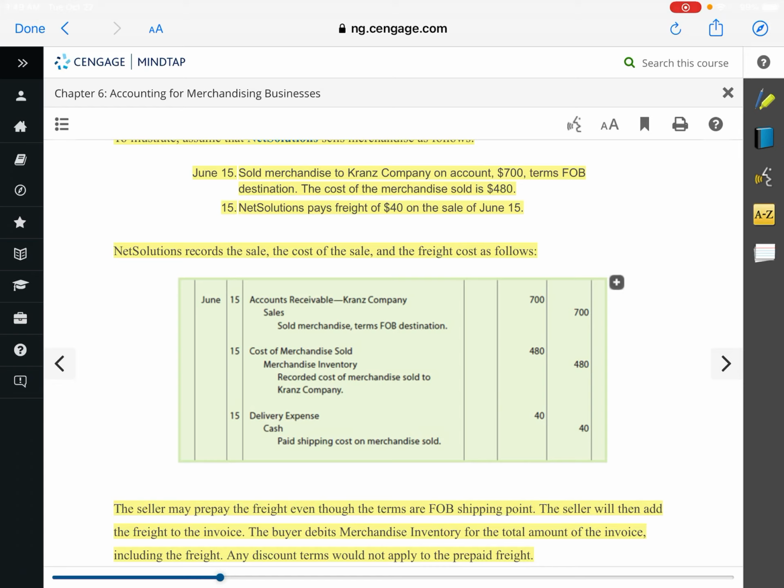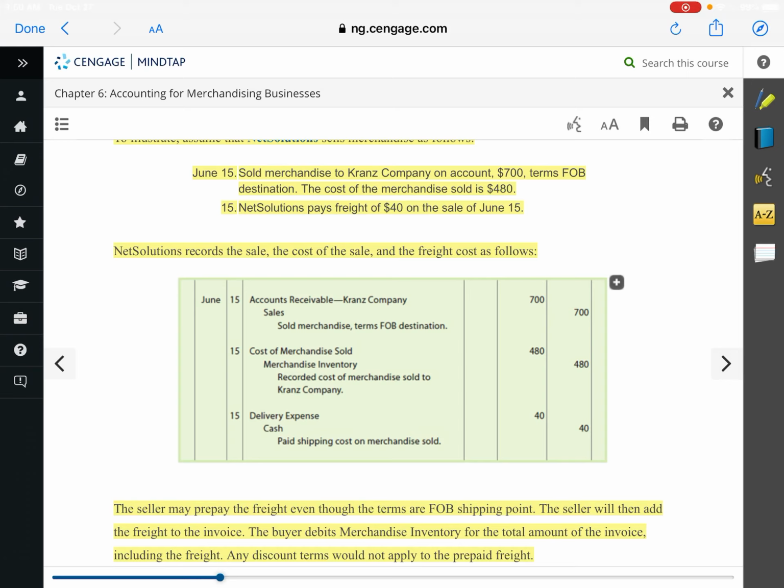All right. Now lastly, we have to look at the shipping terms. Okay, now it says it was shipped FOB destination. So in FOB destination, that means ownership does not change hands until it reaches its final place, until it reaches the business of this company that purchased it.